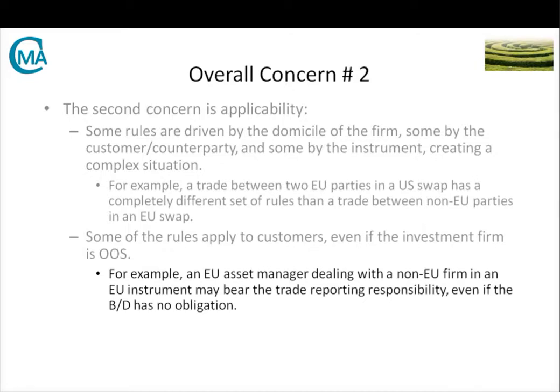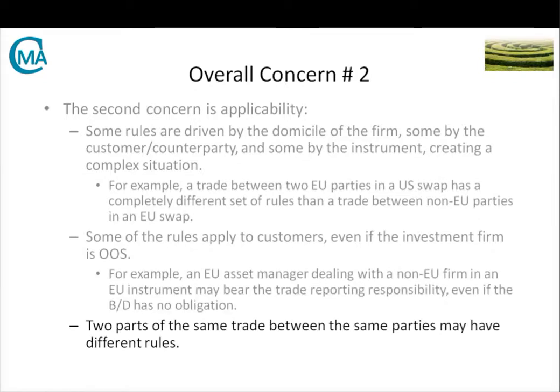Trade reporting is required. The broker-dealer, the asset firm, is not in the EU. They say, we're out, we don't have any obligation. The asset manager would have that obligation for trade reporting. So it's a fairly complicated set of applicabilities.